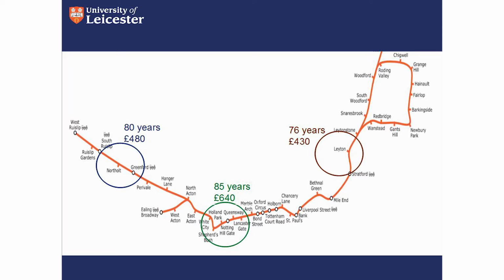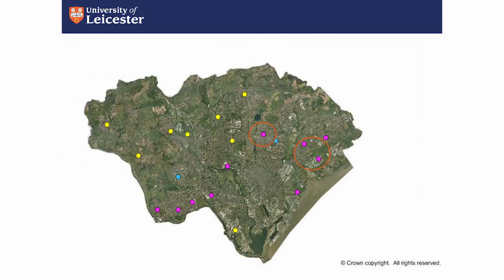And a similar one about earnings. These are weekly earnings. People who live in the affluent areas in the centre, around Holland Park, Notting Hill Gate, where houses are incredibly expensive, have longer life expectancy than those who live in the poorer areas. It's a neat way of illustrating powerful social differences using secondary data.